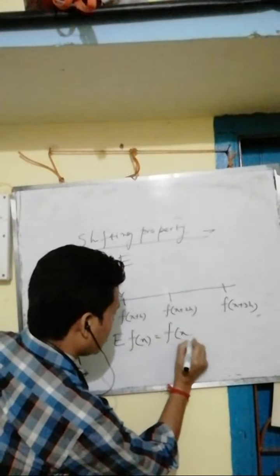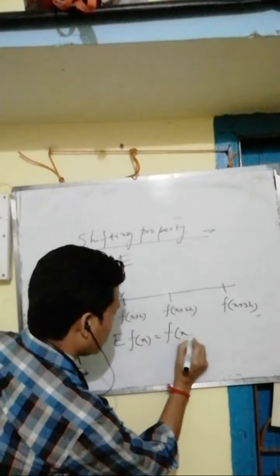Clear? If we apply the shifting operator, that means E upon f of x plus h, we can go to the next interval, that is f of x plus 2h. That means E helps to shift one function to another function.